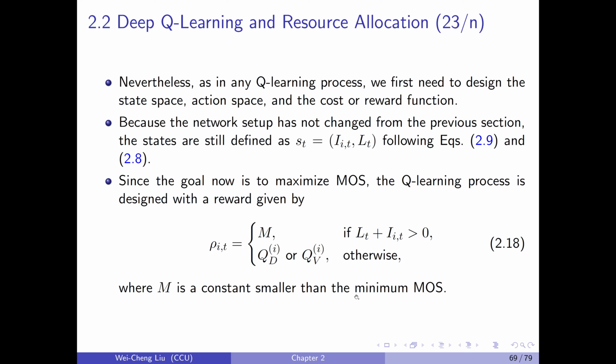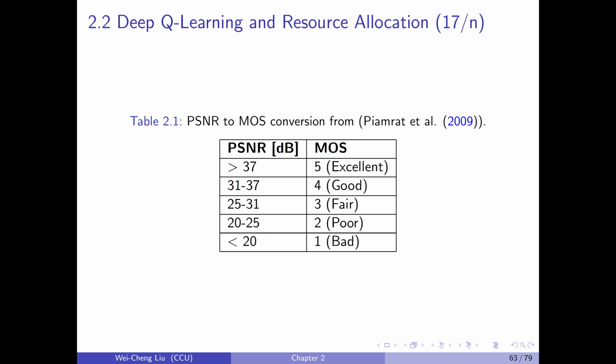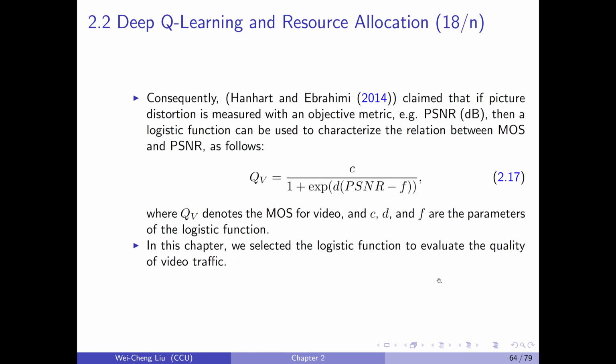Do you remember what the minimum of MOS is? Let us review it. The minimum of MOS is equal to 1. So the outage is a worse condition than the bad.